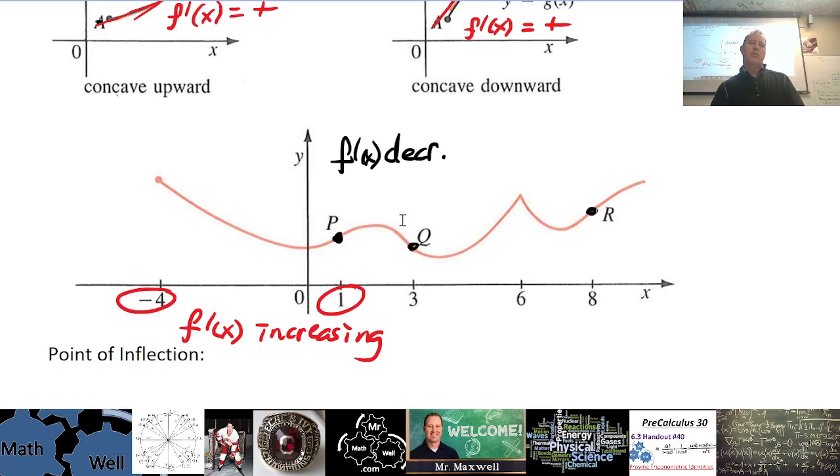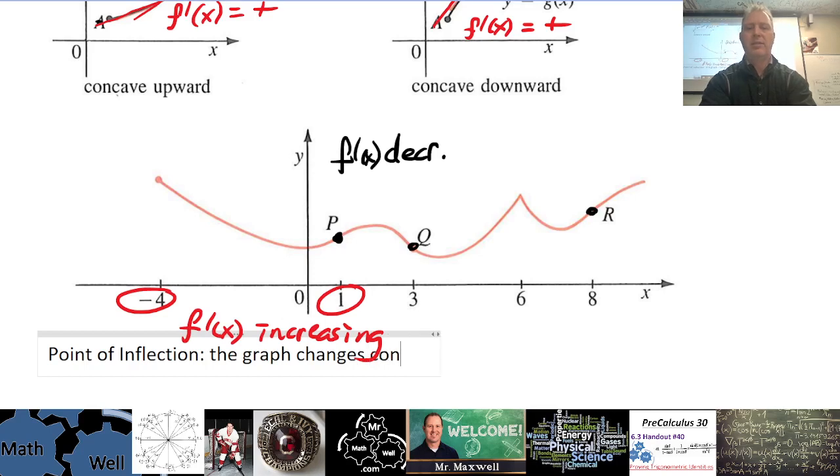Knowing that those are points of inflection, how would you describe or define a point of inflection? Anyone see what was happening there at those points? It changes concavity. Okay, yes, it changes concavity, that's exactly right. So a point of inflection, the graph changes concavity. It's absolutely right.